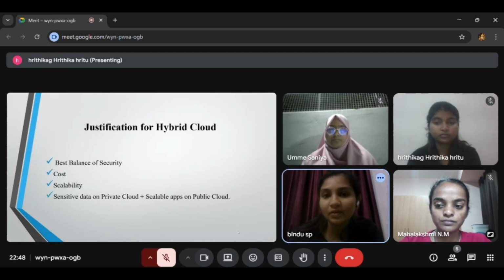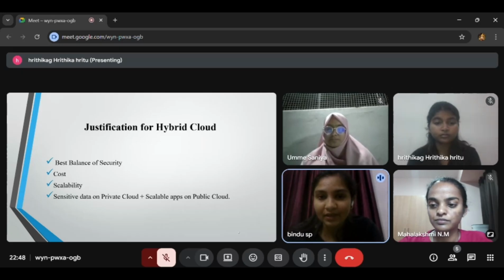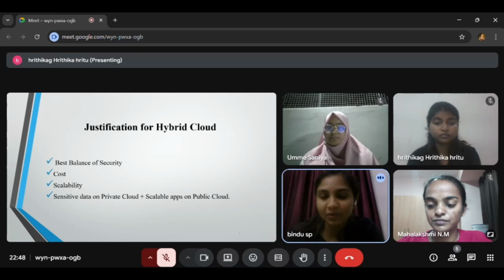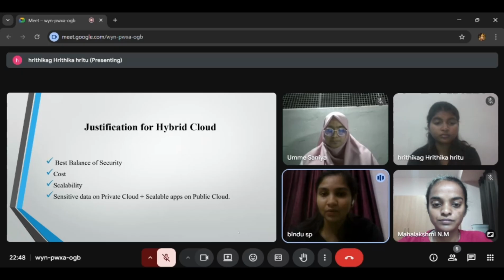Justification for hybrid cloud: it provides the best balance of security, with sensitive data in the private cloud. Next, cost efficiency: non-critical workloads in public cloud. Scalability means we can easily expand resources when needed. Next, sensitive data on private cloud plus scalability.